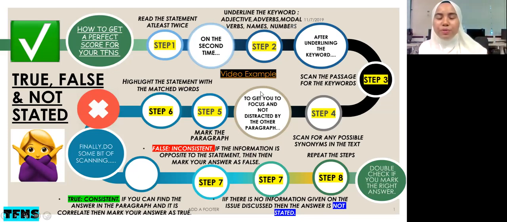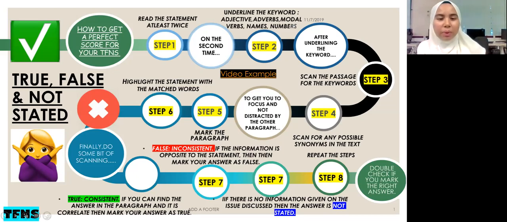My tip for you is that to stay focused and not be distracted by the other paragraphs, you have to mark the paragraph. This is to make sure that you don't lose your focus, and that you are focused on that particular paragraph that has the keyword that you have found. After you have marked the paragraph, you need to highlight the statement with the match word.